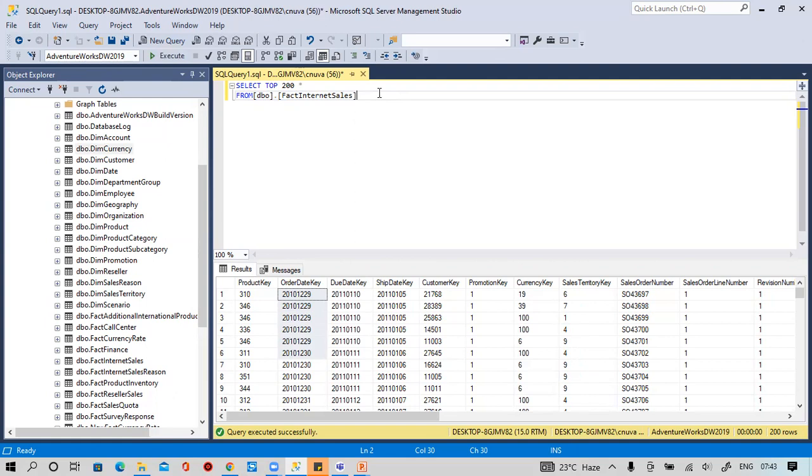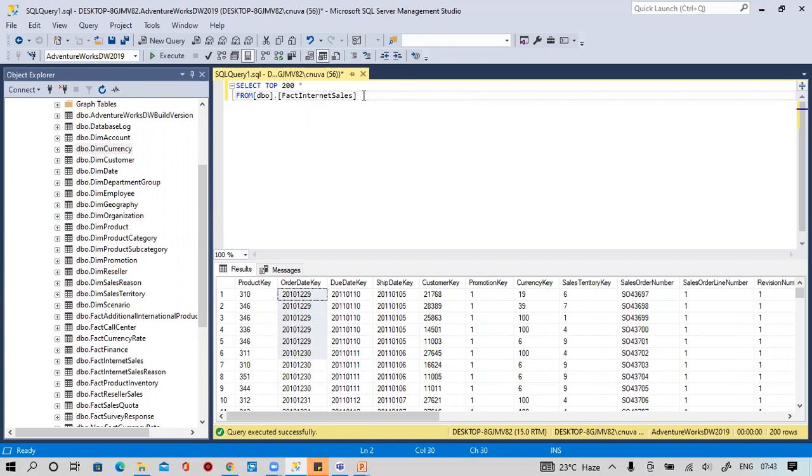If the people who design the database are very good at designing, they will follow proper naming conventions, but we cannot expect that from everyone. Keep it in mind.